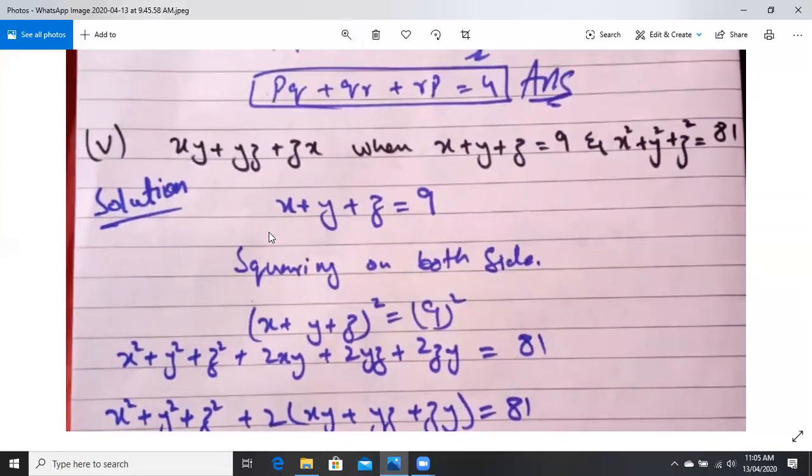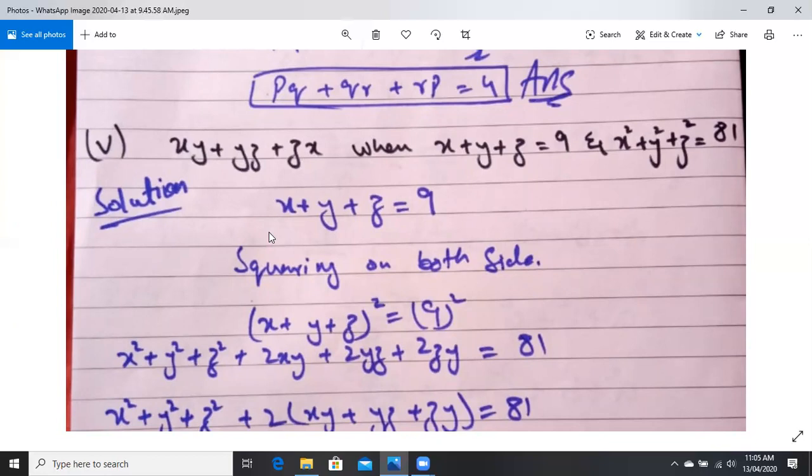Now, given that x plus y plus z is 9 and x square plus y square plus z square is 81. So we know that x plus y plus z equal to 9, which is given in the question. So squaring on both sides, because after taking square, it becomes a formula which will be expanded further.